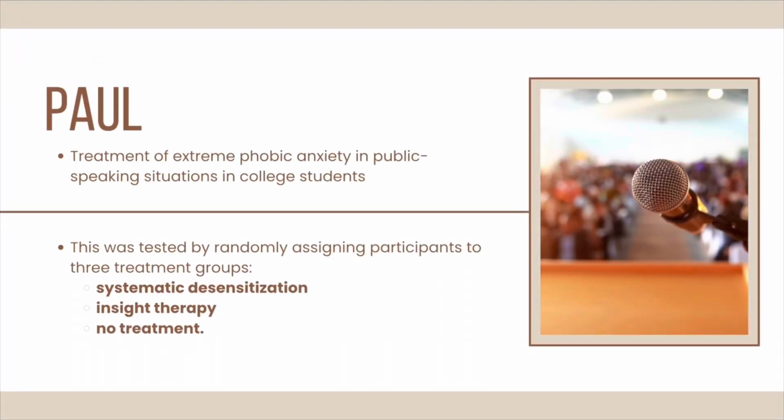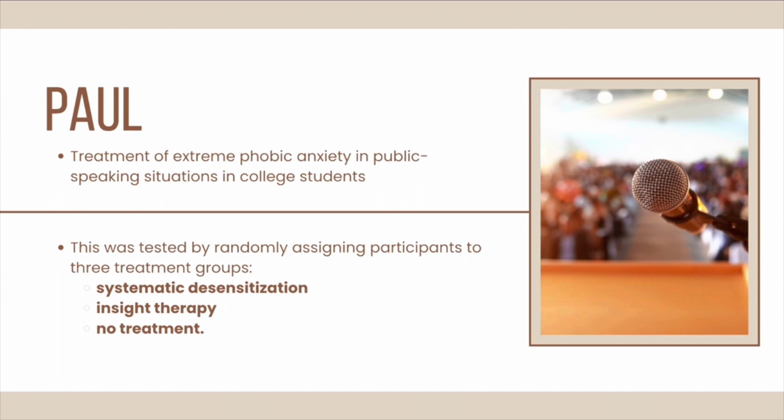Psychotherapy desensitization has grown in use and is now considered the treatment of choice for anxiety disorders, especially phobias. A study by Paul, based on Wolpe's work, treated college students who suffered from extreme phobic anxiety in public speaking situations. This was tested through randomly assigning participants in 3 treatment groups: systematic desensitization, insight therapy, and no treatment.